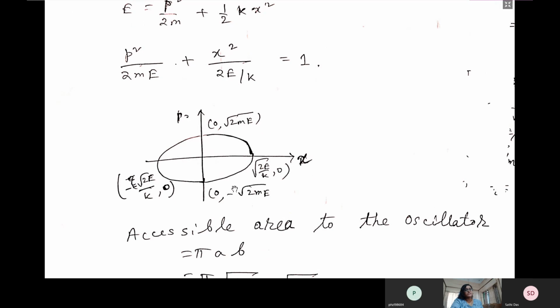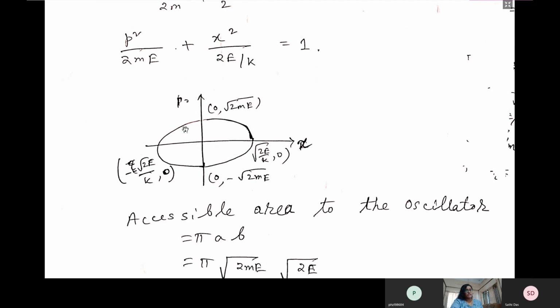So here in phase space, the coordinates of the ellipse along x, keeping the P term 0, give you root 2E by k comma 0, and along minus x it is minus root 2E by k comma 0. For P, whenever you calculate the coordinate, you take the x coordinate as 0.